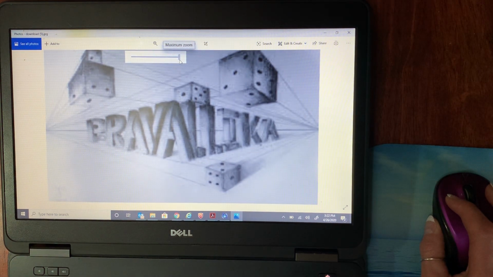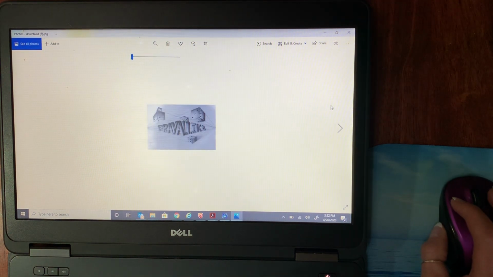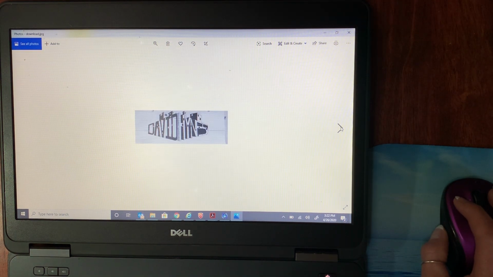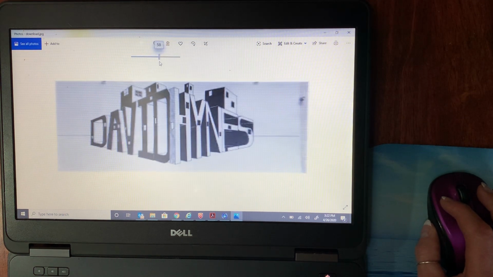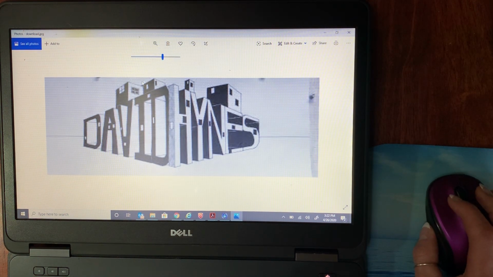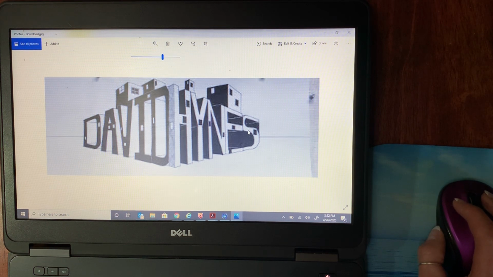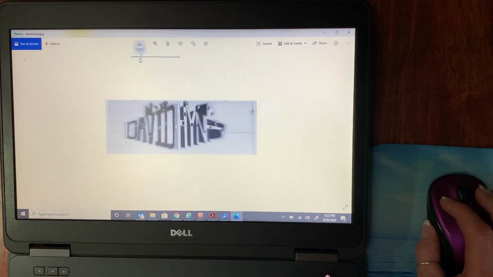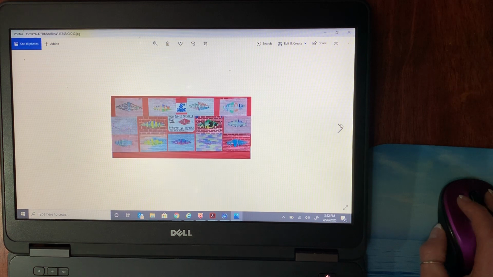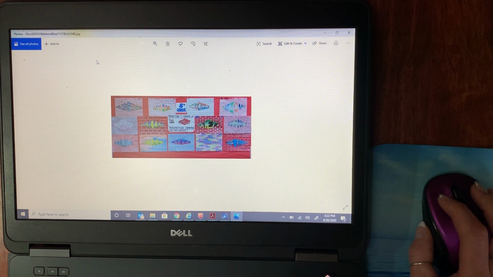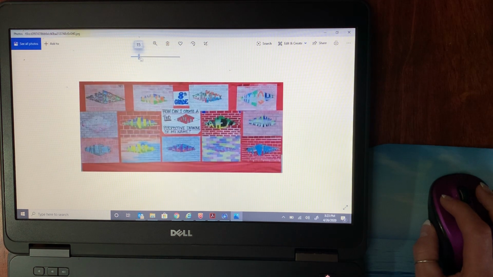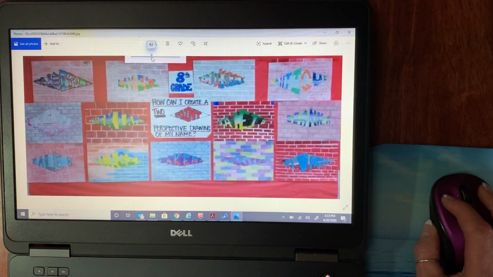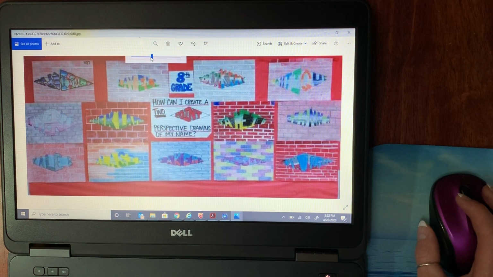This one was done in all pencil. This one kind of made it look like buildings with his name on it, which is cool. You can be creative with this. These were examples that I had in the office a few years ago from former Roland students.